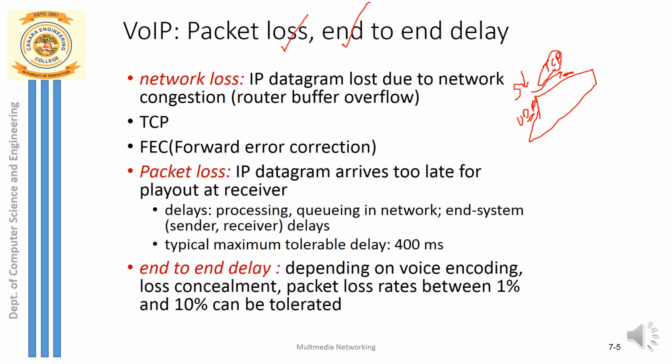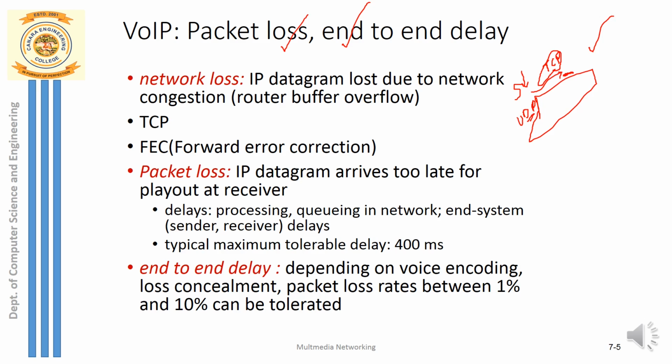So what if the sender's sending rate decreases? Definitely when the sender's sending rate decreases, the receiver will have to experience a lot of delay. He will have to wait for long to receive the next audio. Whenever such a delay increases at the receiver's end, the audio becomes meaningless.